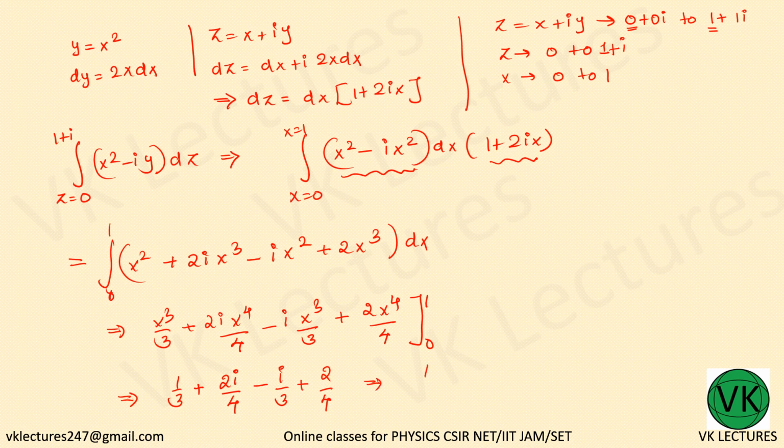1 by 3, and 2 by 4 is 1 by 2, plus 1 by 2, plus i by 2, minus i by 3. This gives us 5 by 6 plus i by 6.